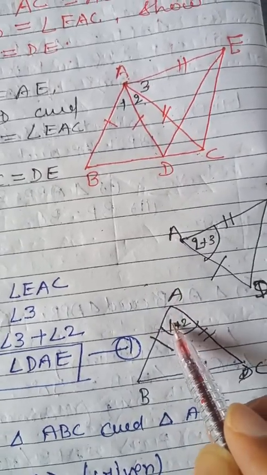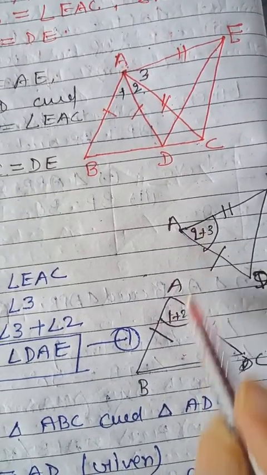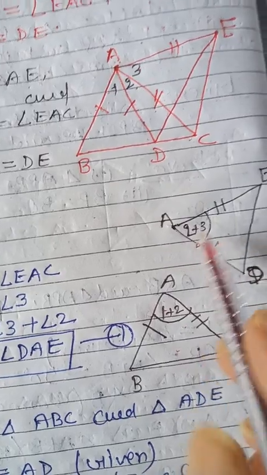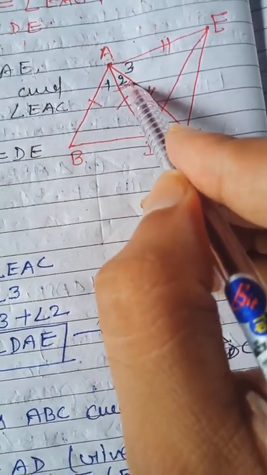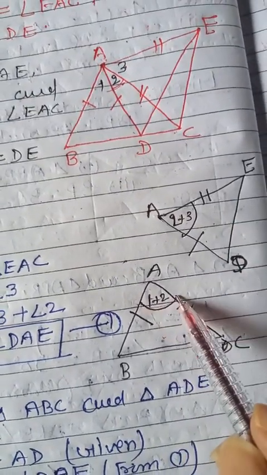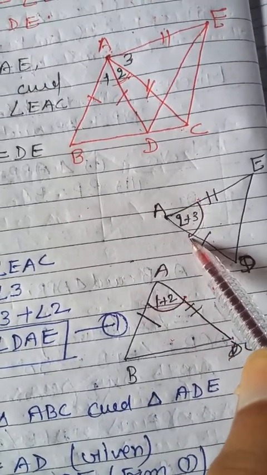So angle 1 and angle 3 are equal, and when we add angle 2, that means this part, in both sides, then the whole angle is equal to this whole angle.